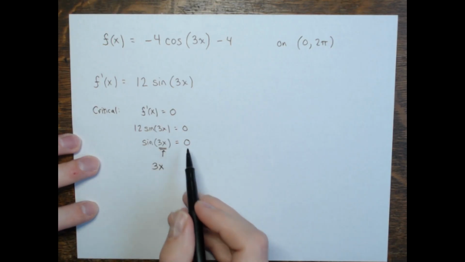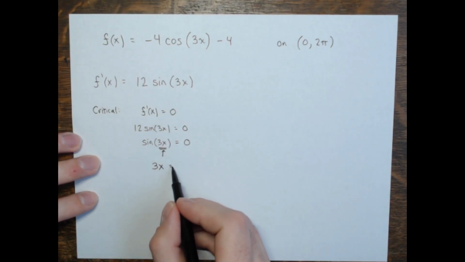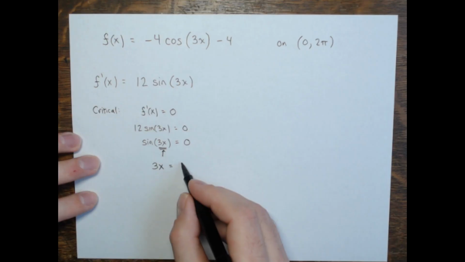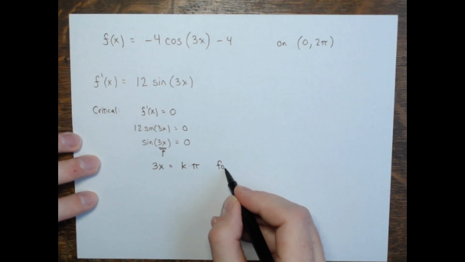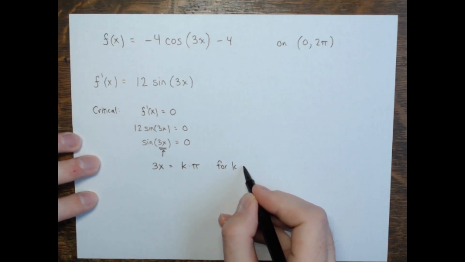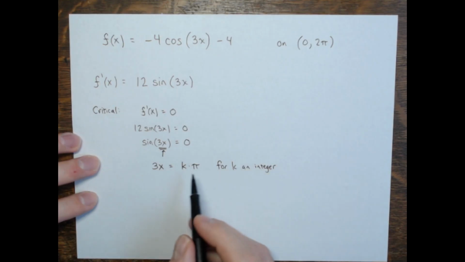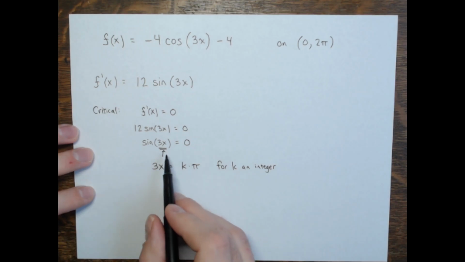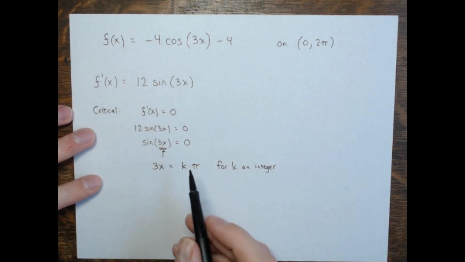Remember the values of sine that have outputs of 0. 3x can be any multiple of pi. So I'll put k times pi, for k an integer. I could put 0, 1 pi, 2 pi, negative 1 pi, negative 2 pi, whatever.